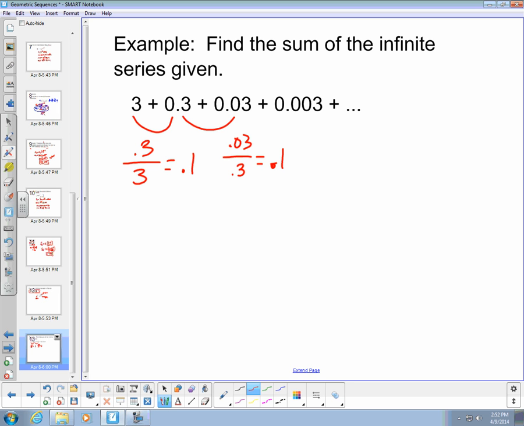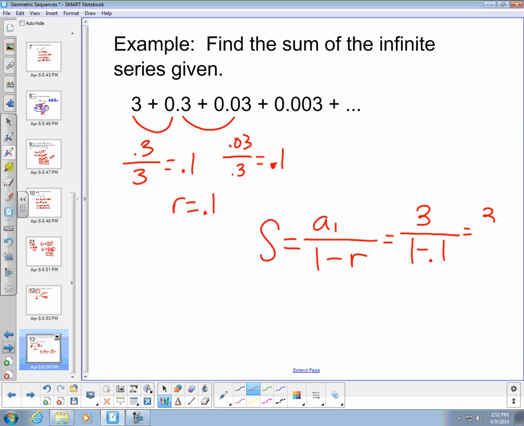And again, I could keep going, so my r is always coming out to be 0.1, which is less than 1, so we can use our formula. So S equals a sub 1 over 1 minus r. The a sub 1, the first term, is 3. And we're going to do 1 minus 0.1 for our r. So we've got 3 over 0.9.